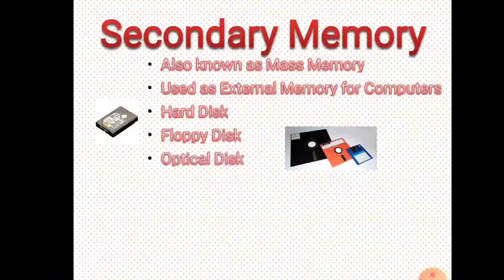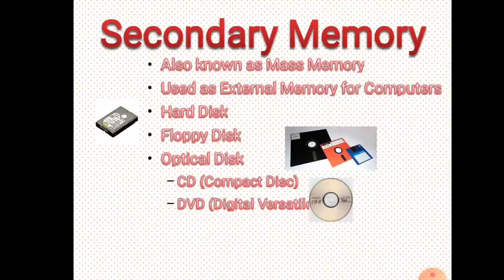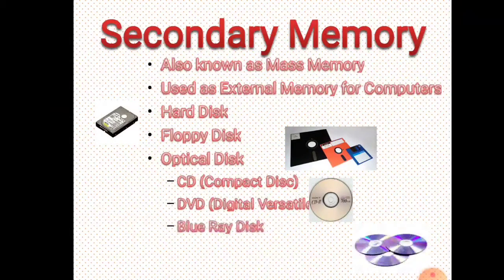Nowadays we are using optical disks. Optical disks come in different types: CD, compact disk, DVD, digital versatile disk, and Blu-ray disk also. These are the different devices we are using. Along with that, nowadays we are using removable medias.